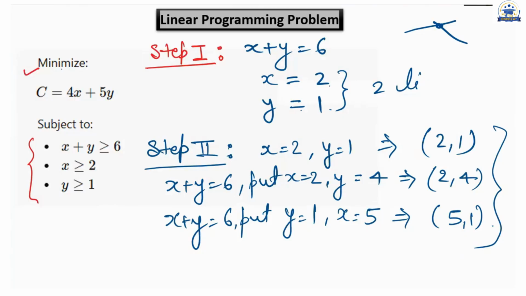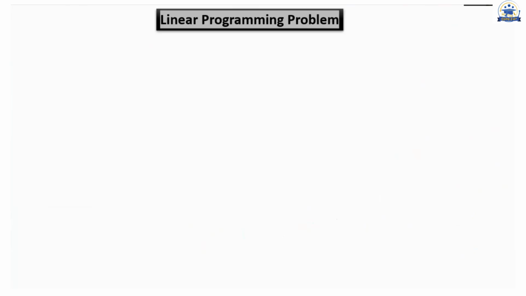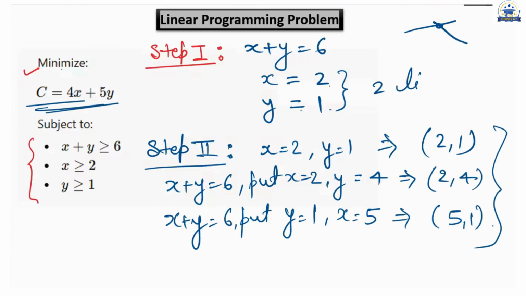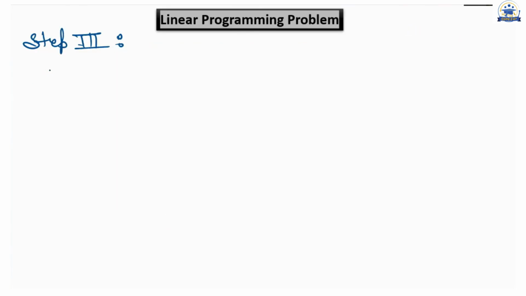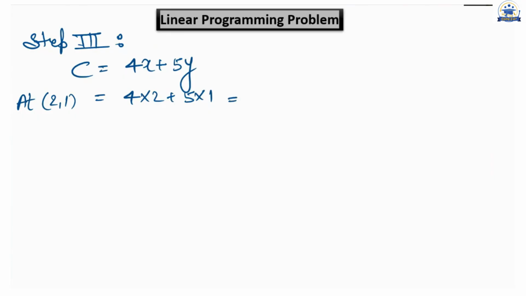Now, the third step is what? Step 3. In step 3, what do we have to minimize? This 4x plus 5y. C equals 4x plus 5y. At coordinate 2, 1: 4 times 2 plus 5 times 1 equals 8 plus 5, 13.